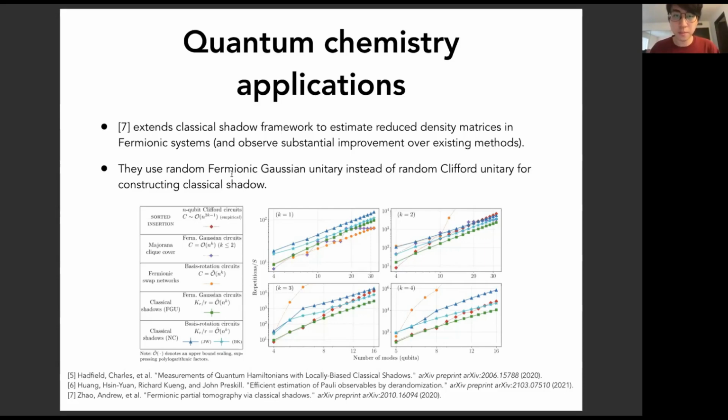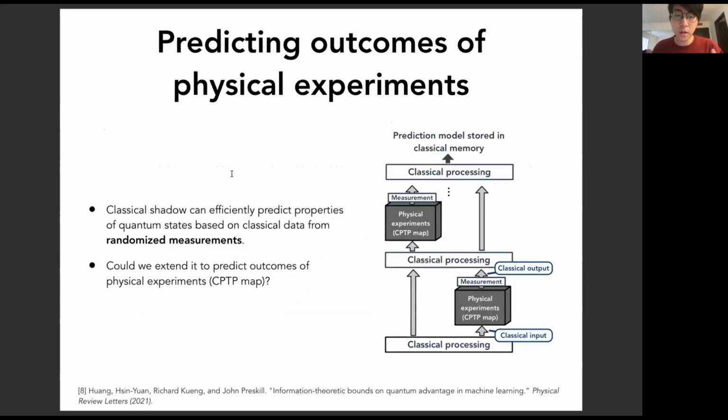And finally, I just wanted to point out another very different line of thought, as an extension: predicting outcomes of physical experiments. Originally in this classical shadow work, we considered predicting properties of quantum states based on randomized measurements. But it would be natural to ask what would happen if we extended this to predict properties of CPTP maps.